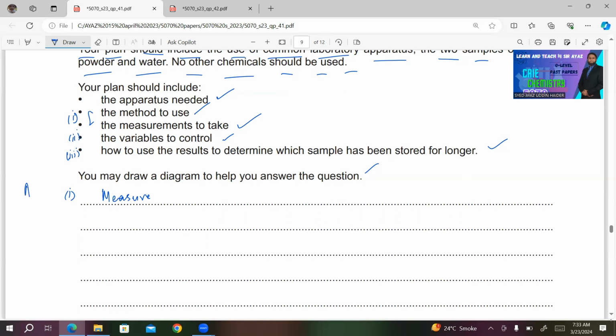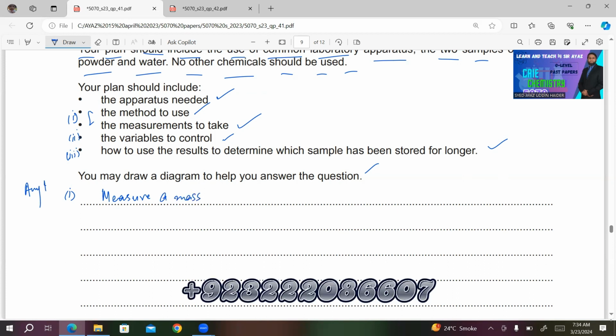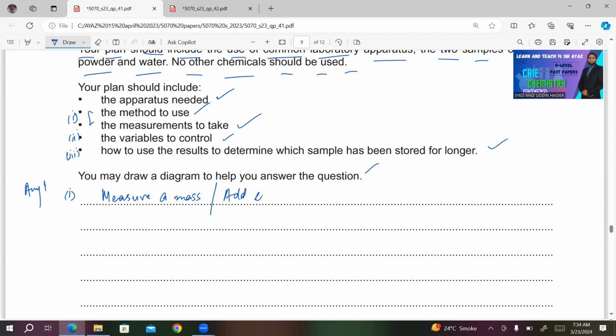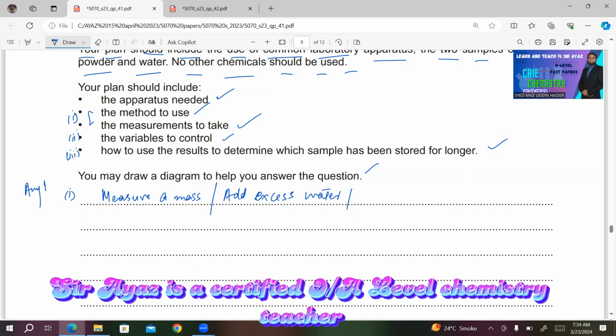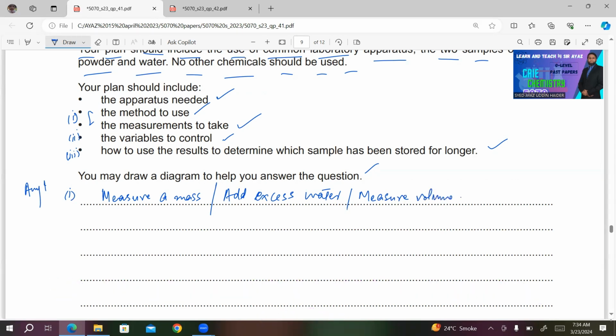For 1, any one: measure a mass or amount, adding water, excess water, measuring the volume of gas produced, or measure the time taken to turn lime water milky.